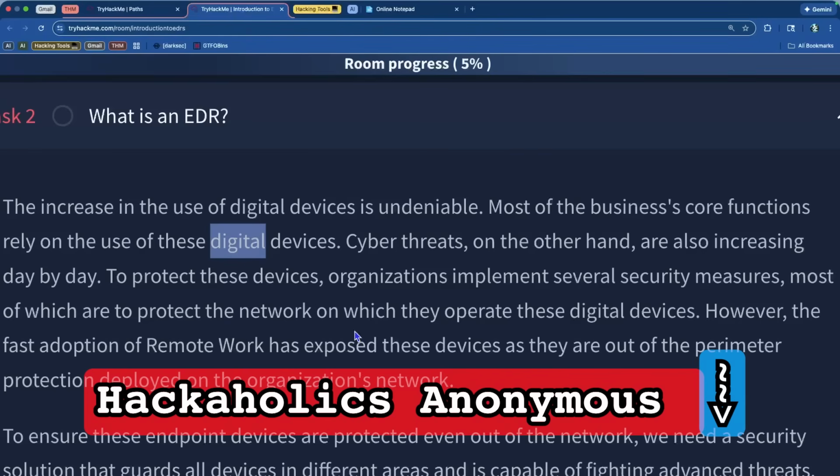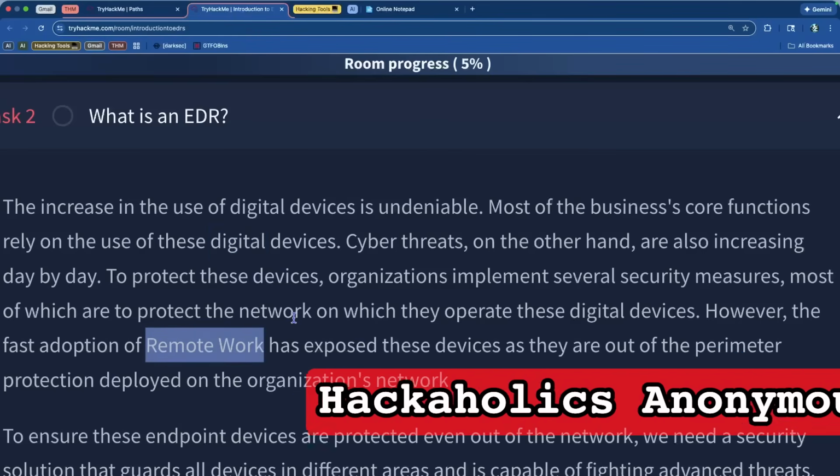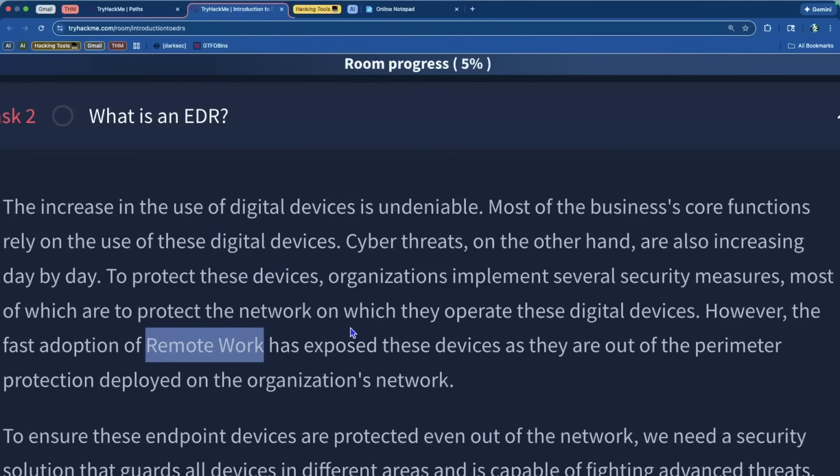Now, with the emergence of something called remote work, the variety of endpoints that are included inside of an organization's network expands very, very widely because people can actually use their own computers.